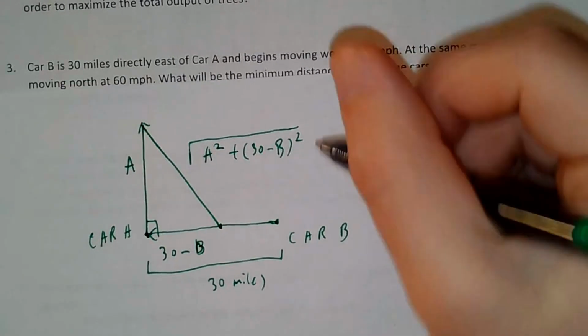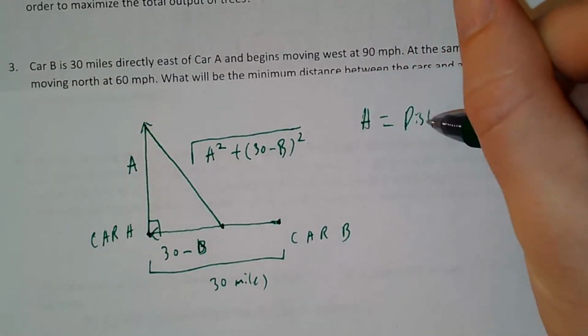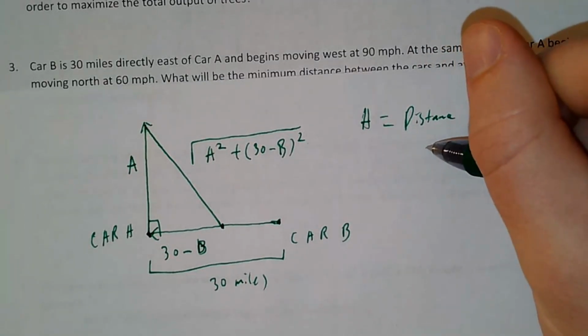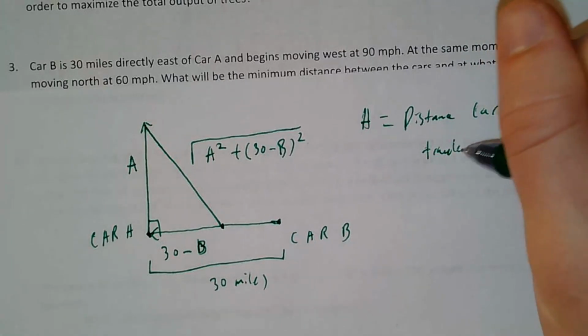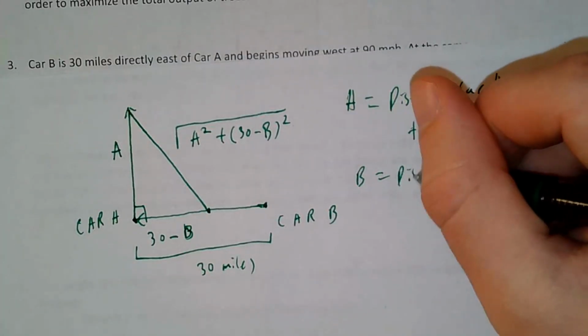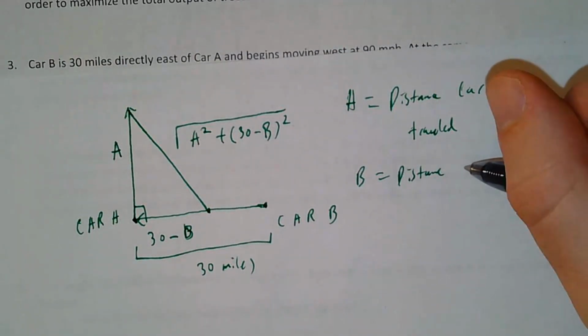So just to recap that, A is the distance car A traveled. B is the distance car B traveled.